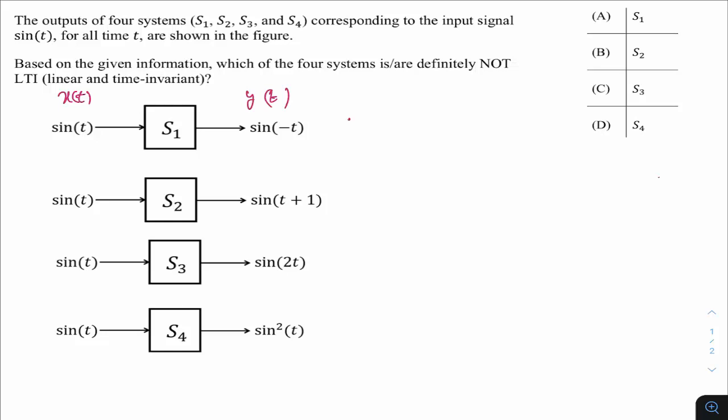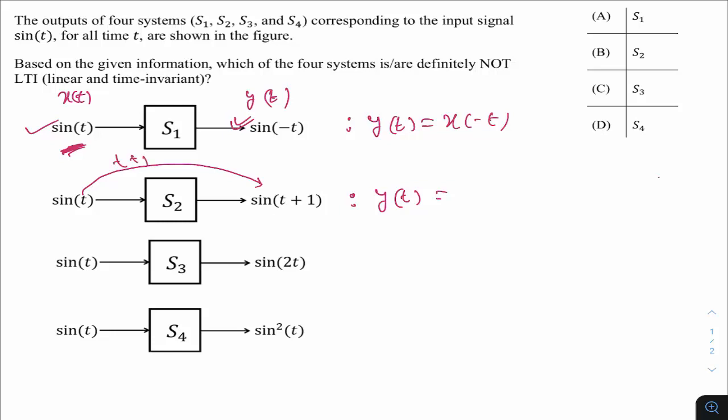If you see the first system, S1, what is the change? If you compare the input and output, the only thing is that in the output we are replacing t with minus t in the input. So I can say y of t is equal to x of minus t. That means in x of t, if I replace t by minus t, I get the output y of t, which is sin of minus t. With the same logic, in system 2, if you replace t with t plus 1, you get sin of t plus 1.